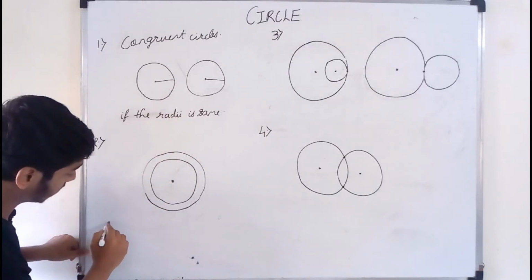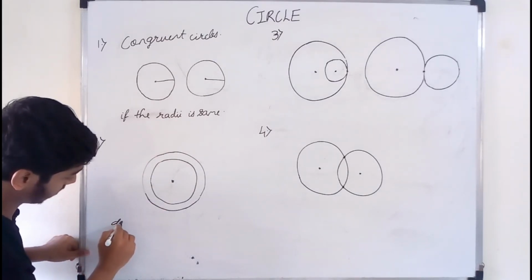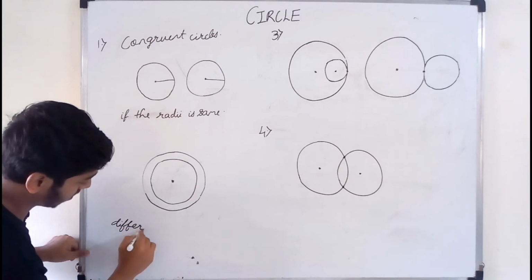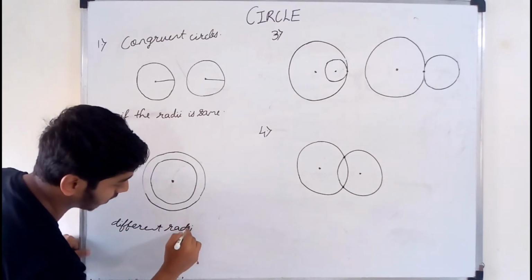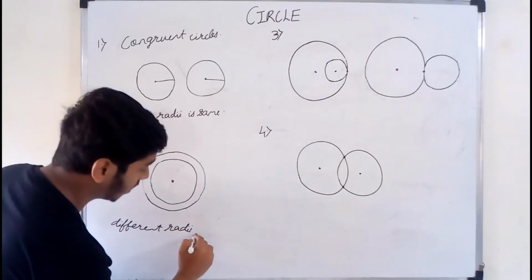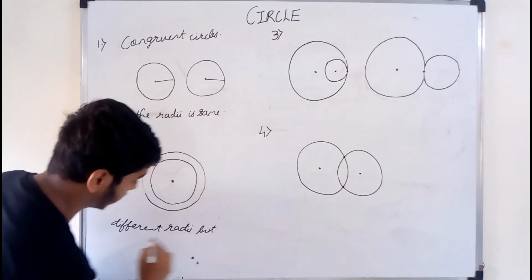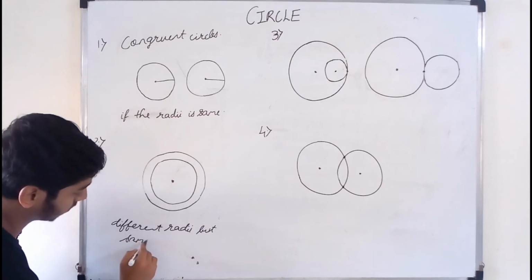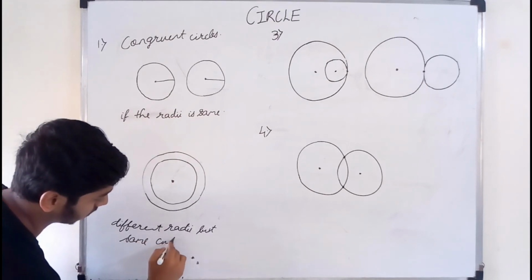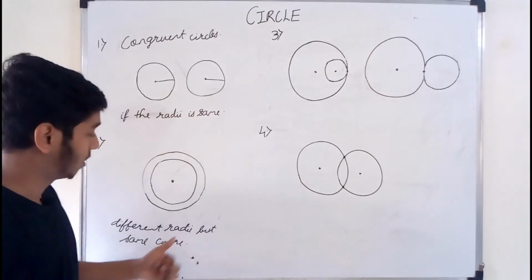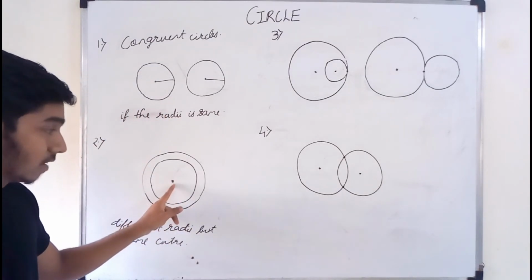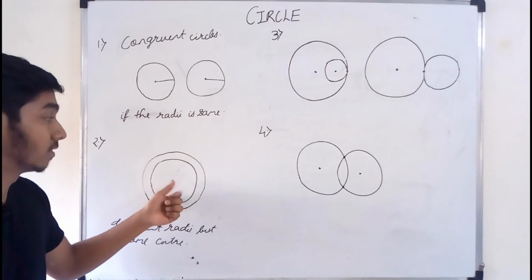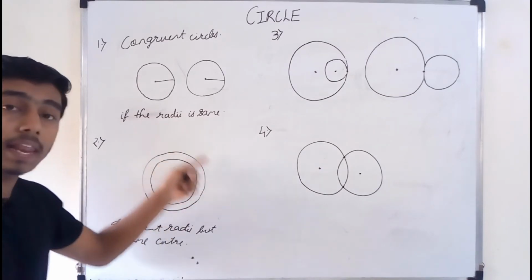If it is a different radius, different radii, but the same center. See this figure: it has the same center for the inner circle as well as the outer circle.